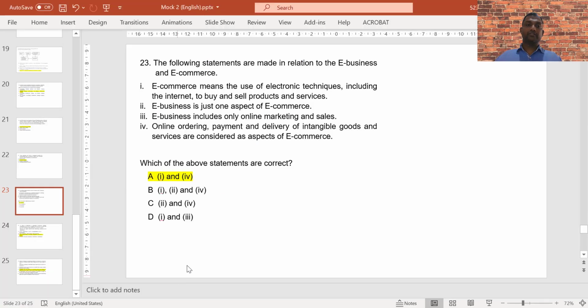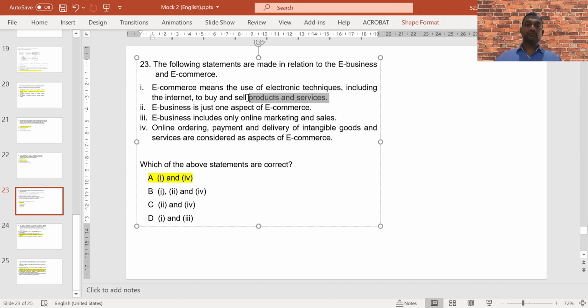So now we can see the question is asking about e-business and e-commerce related statements. The first statement, e-commerce means the use of electronic techniques, yes, this statement is correct. E-business is just one aspect of e-commerce. No, it should be the other way around. E-commerce is one aspect of e-business.